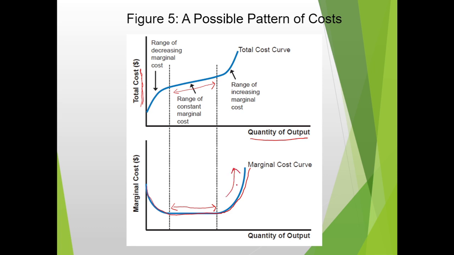How will it impact the total cost? The quantity of output will be increasing but at a lower rate in comparison to the total cost. So this is the kind of graph you get if you take into consideration the marginal cost.